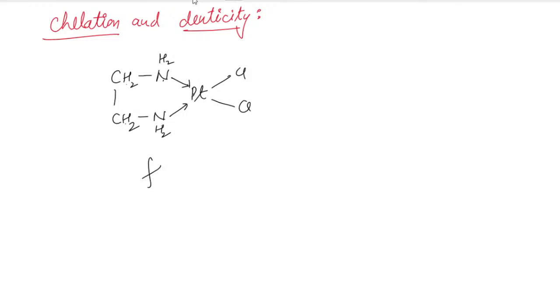Means if the donor atoms or groups are positioned in such a way that they form a 5 or 6 membered ring with the central metal ion.